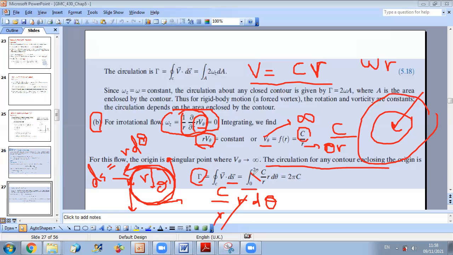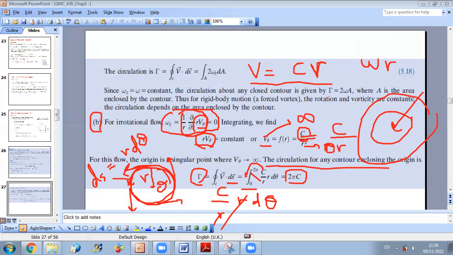from 0 to 2 pi of a constant times d theta. The constant you can take outside of the integral, and the integral from 0 to 2 pi of d theta will give you 2 pi. So we can see here that for the irrotational flow, the value of circulation is equal to 2 pi times the constant c, which is defined by the velocity expression, because v theta is c over r.